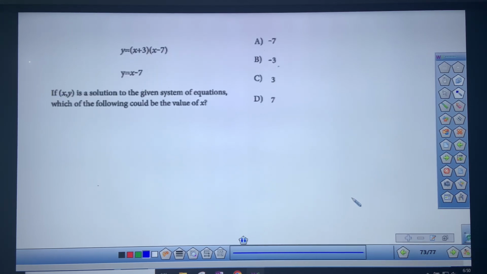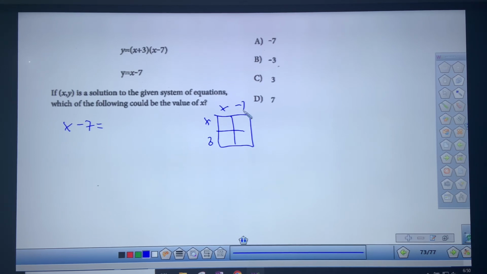So I have a system of equations. So solve the system. Because they're both set equal to y, I can rewrite this as x minus 7 equals, I'm going to FOIL this out. Again, I like to use the Punnett square. You don't have to. X plus 3, x minus 7. So that would give me x squared minus 7x, 3x, and negative 21.